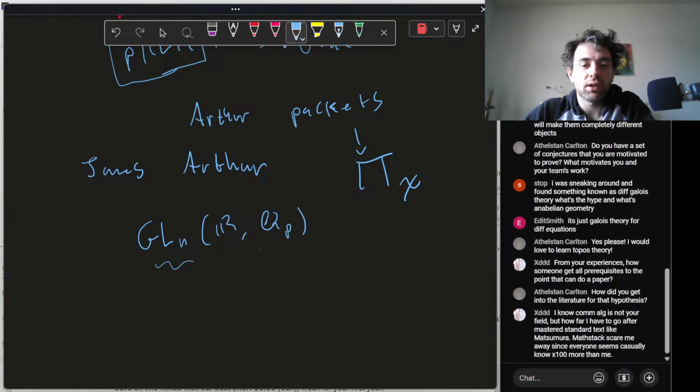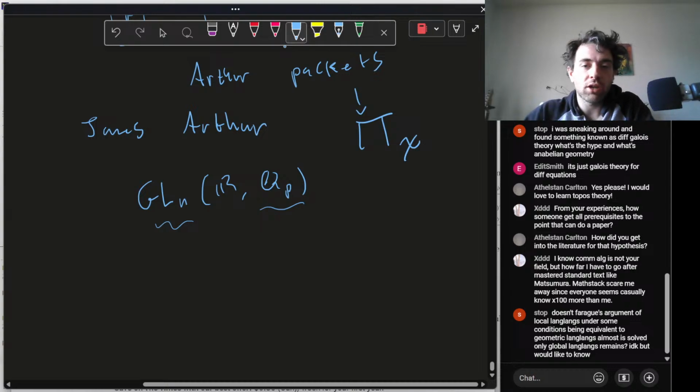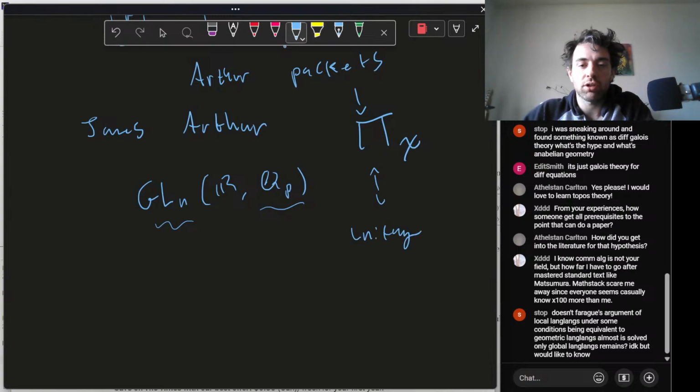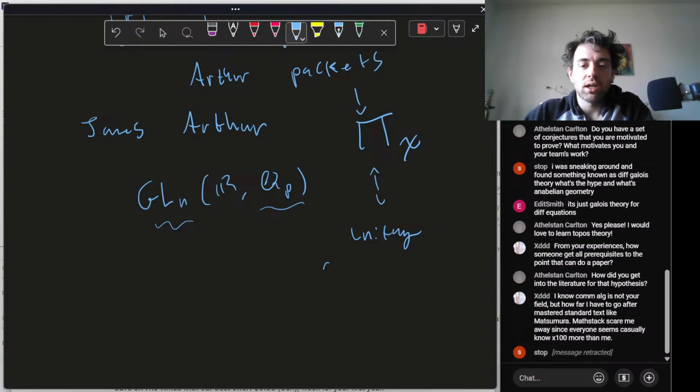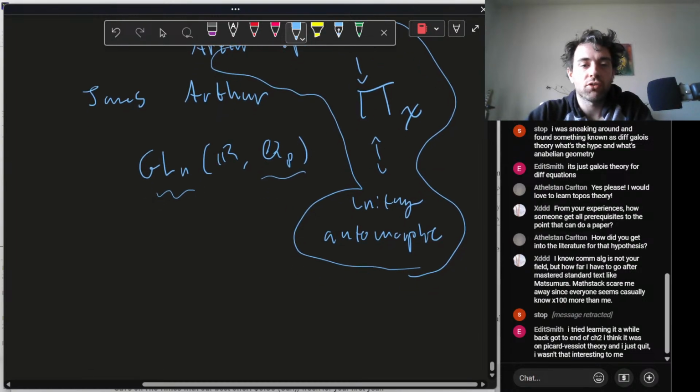It doesn't have to be GLN. They're special representations, and there's some relation, not a direct correspondence, between unitary representations and special factors of automorphic representations. There's a bunch of important conjectures around Arthur packets.